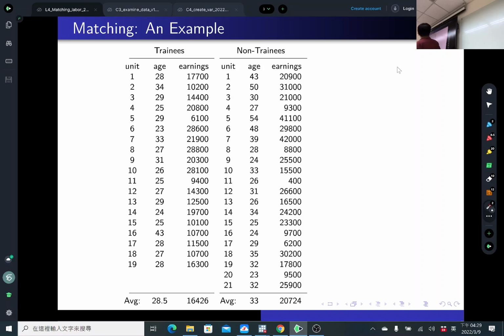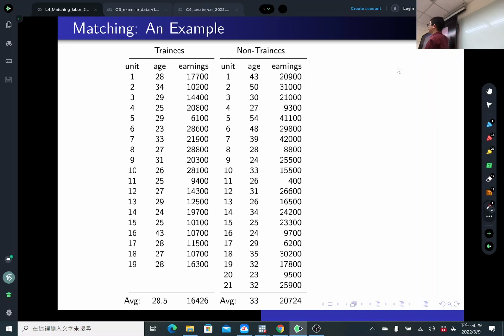So we need to construct another sample that is more comparable to our treatment group, those who decide to join the job training program, that makes their average age also 28.5. Okay, so that's the construction of the matching.